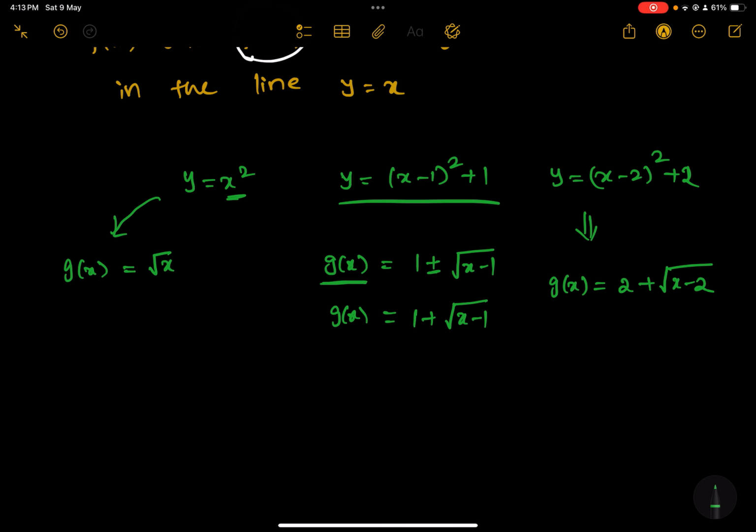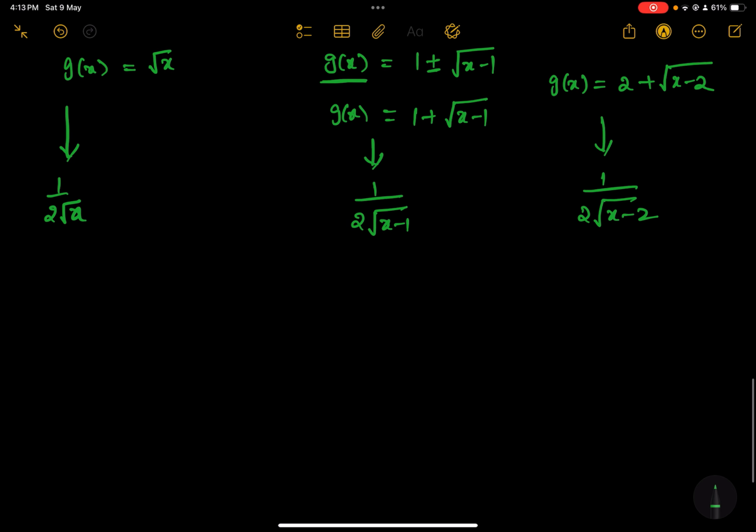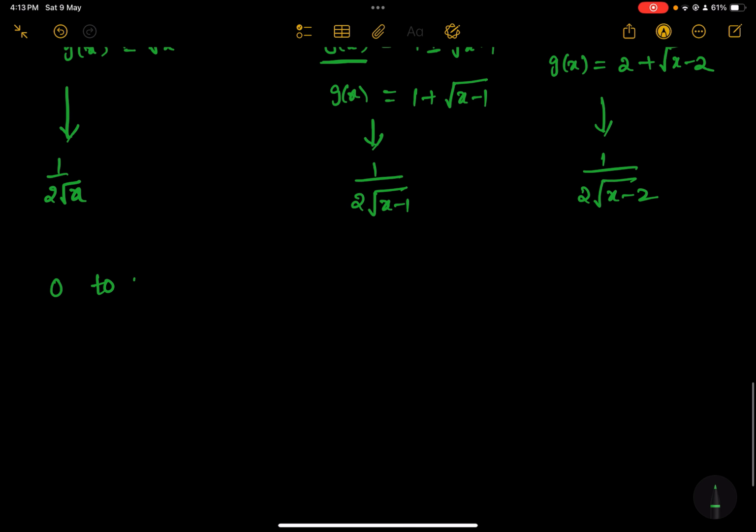So this is your g of x. Let us find g dash of x. Here it will be 1 by 2 root x. Here it will be 1 by 2 root x minus 1. Here it will be simply 1 by 2 root x minus 2. So in the interval 0 to 1, g dash of x is 1 by 2 root x.